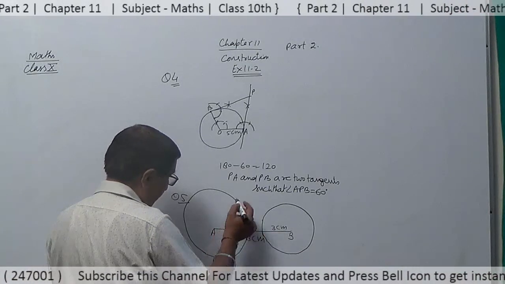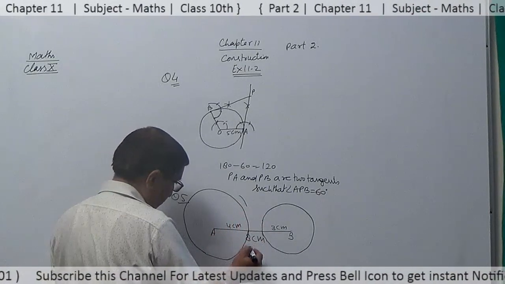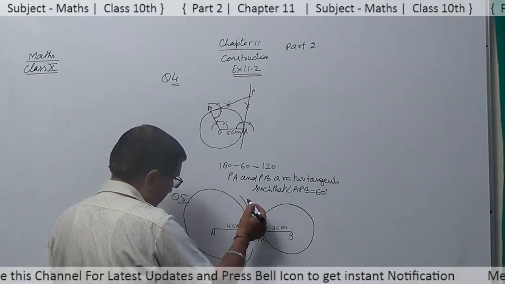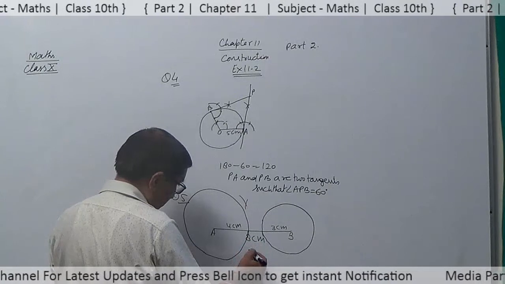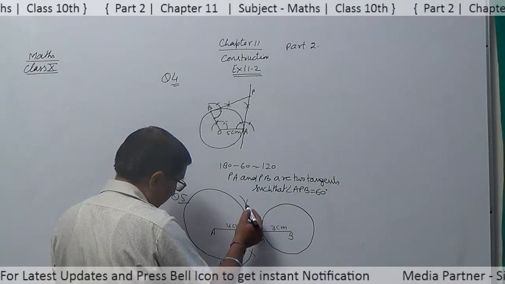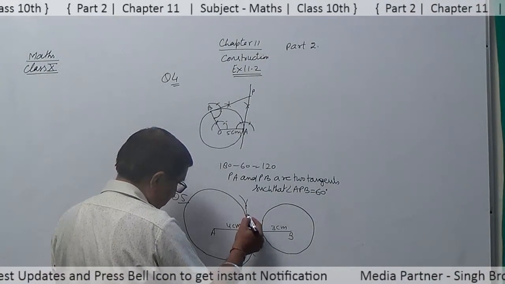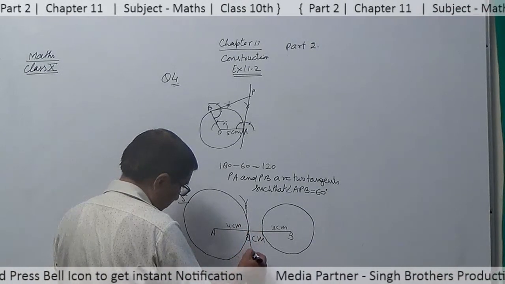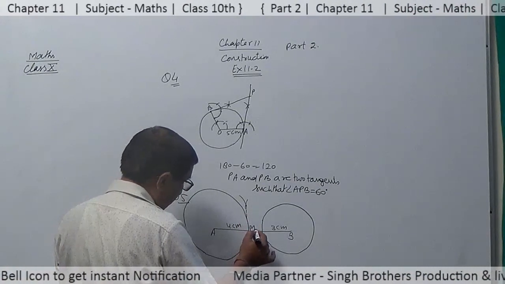From point A, draw an arc, and also from point B, draw another arc and join it. It intersects at point M.